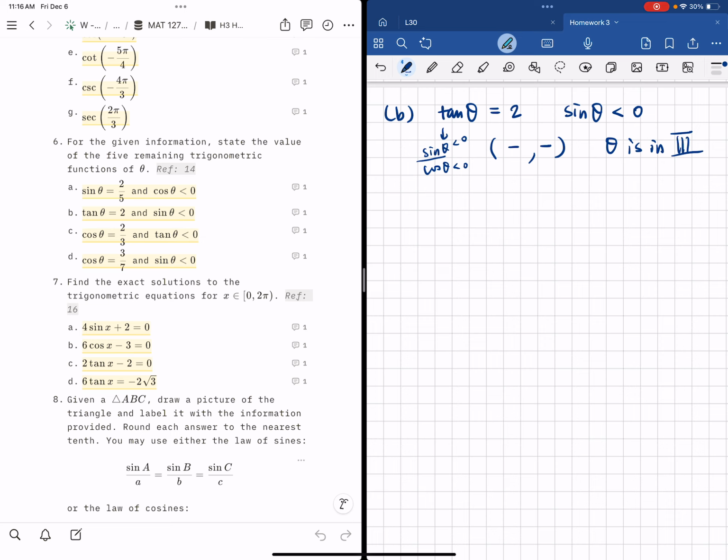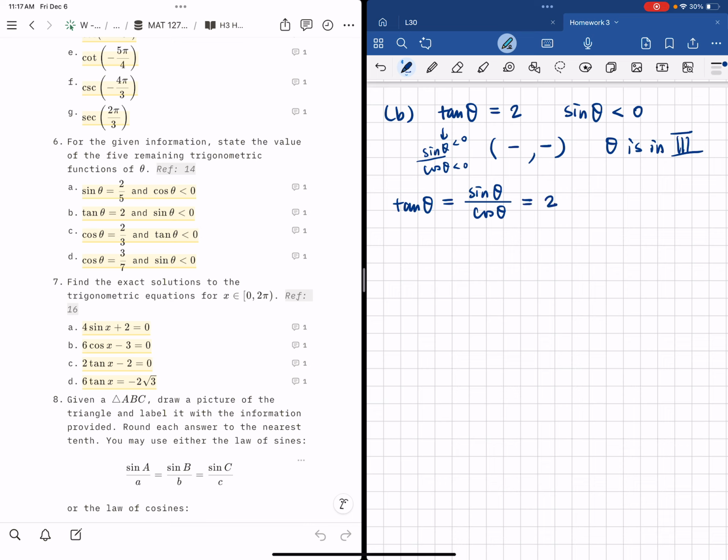And now let's look at how we're going to find the other values. Let's see if we know anything else about this angle. It tells us that the tangent is 2 and sine is negative. So I'm going to write down the definition: tangent is sine divided by cosine, and that is 2.